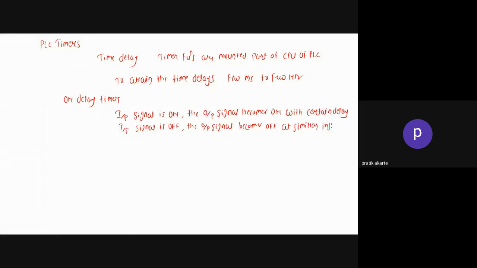So, in this on delay timer, if your input becomes on and off within less than the time delay, there is no change in the output and it remains off.